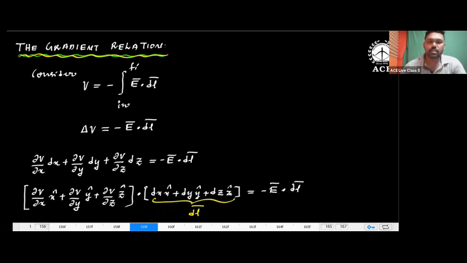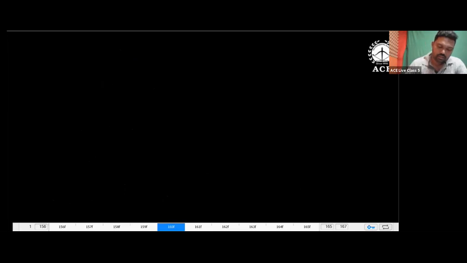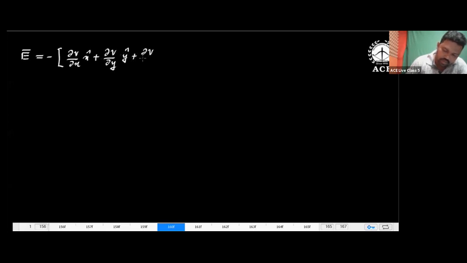I'll turn the page here. So E is equal to minus dou v by dou x x cap plus dou v by dou y y cap plus dou v by dou z z cap.